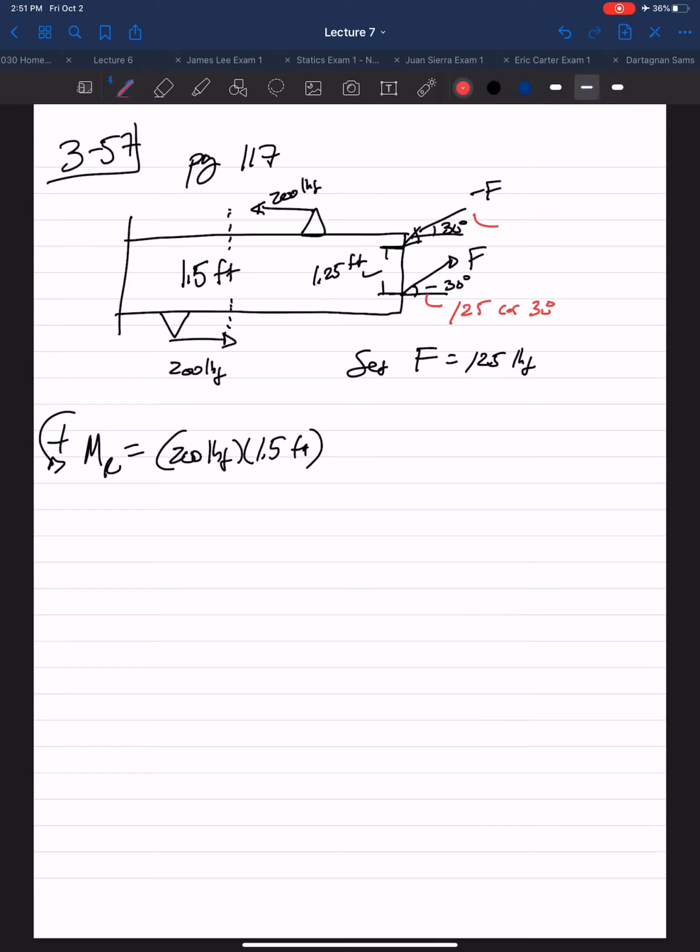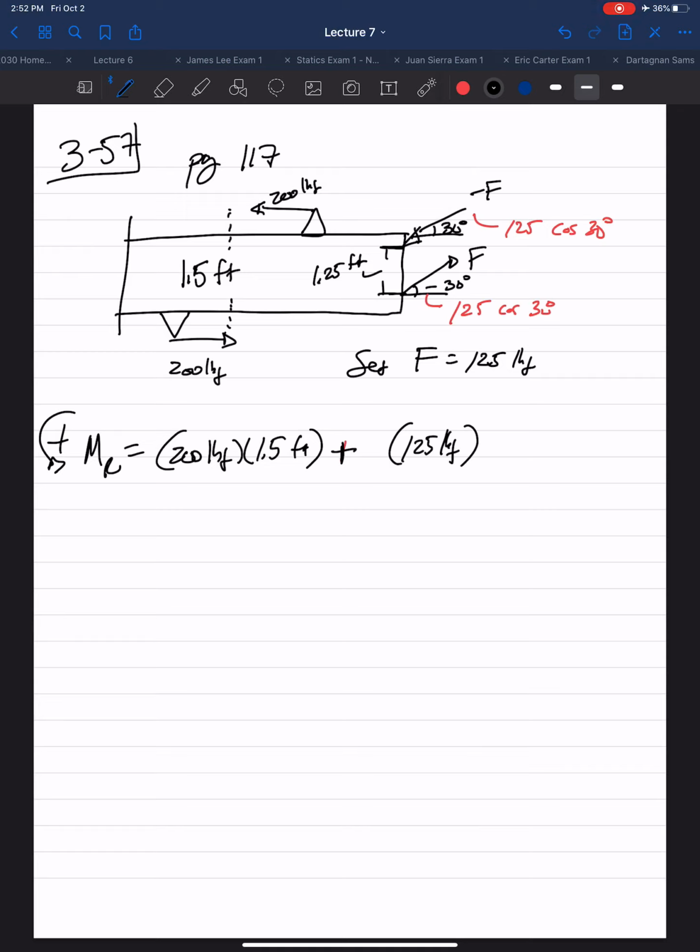So the horizontal component is, say, 125 cosine of 30 degrees. Remember, they're equal magnitude, opposite in direction, and they're tending to cause a counterclockwise rotation as well, so it's positive. So the perpendicular distance between their components is given as 1.25 feet.